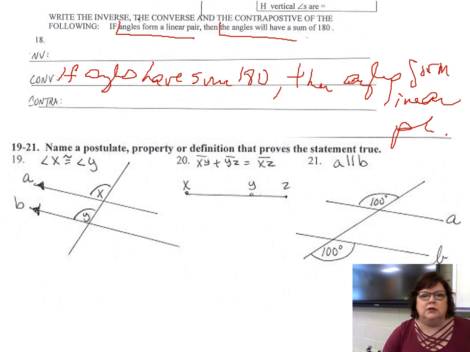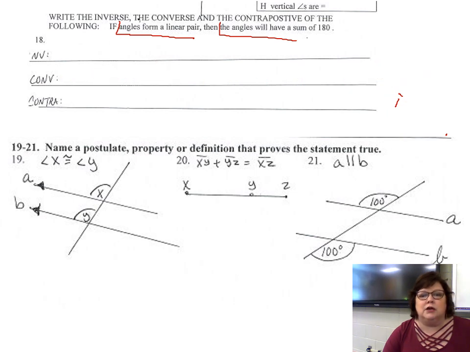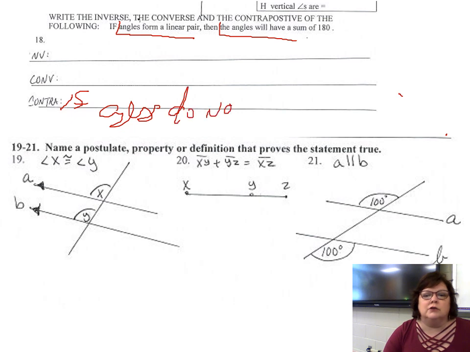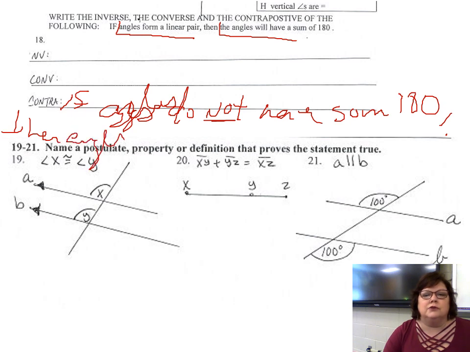And then finally, contrapositive does both. It switches it and it puts in the nots. So, if angles do not have a sum of 180, I know my handwriting's getting terrible here, do not, make sure you do that, comma, then the angles do not form a linear pair.